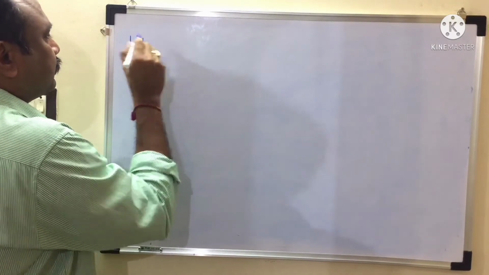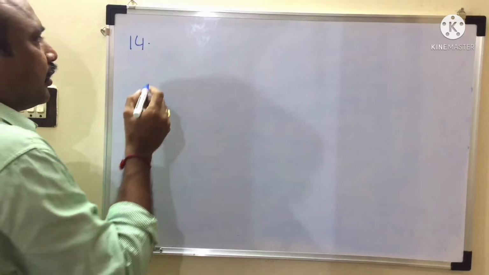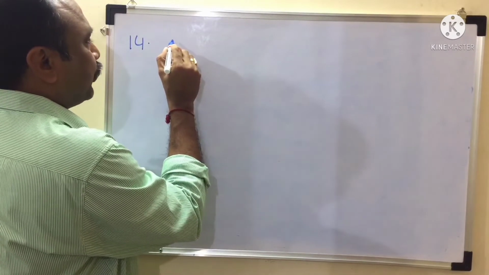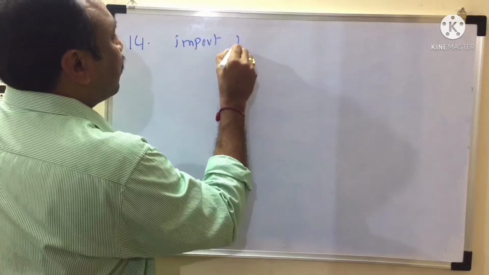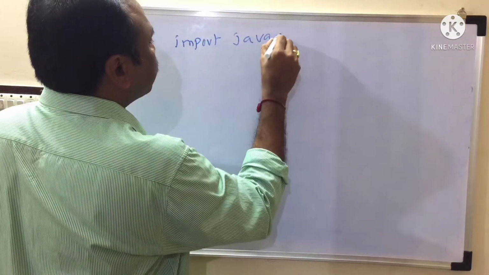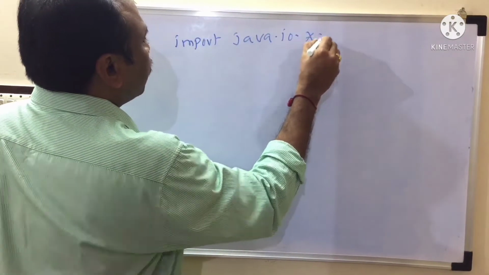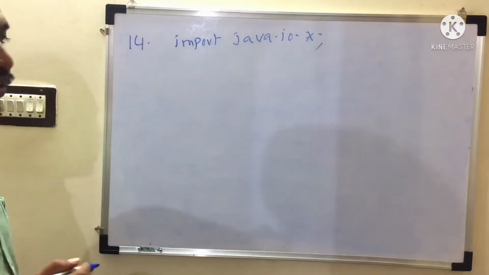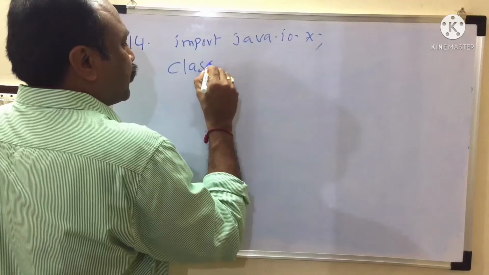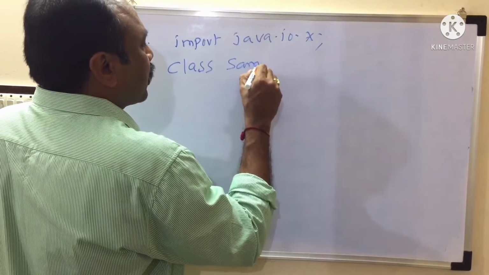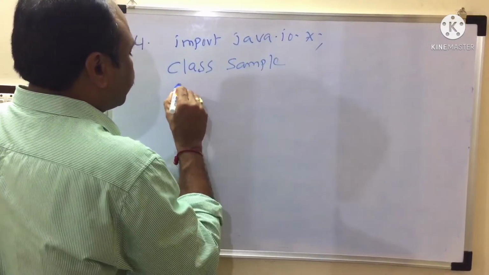14th question. Normally, while writing a Java program, we write like this: import java.io.*. Java is a purely object-oriented language, so we should use class Sample.